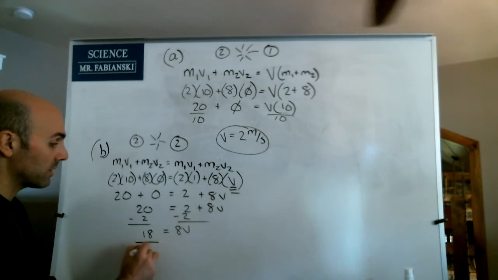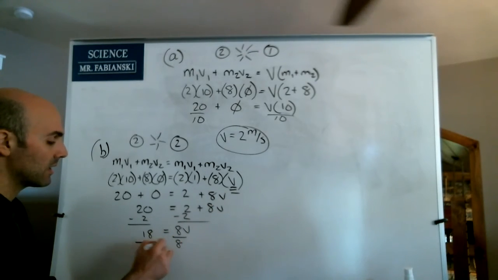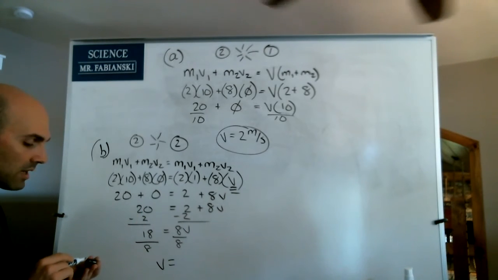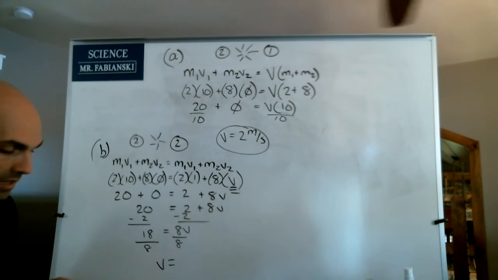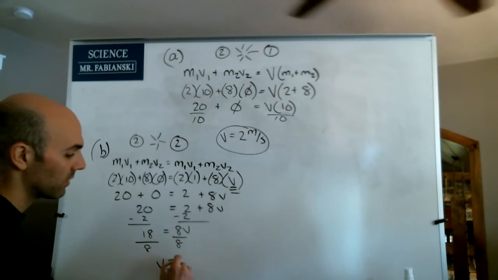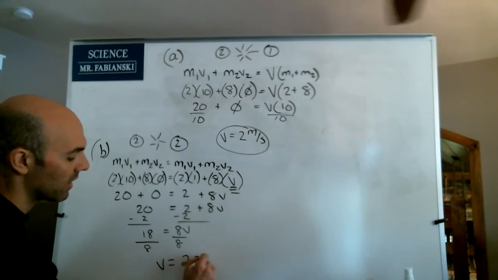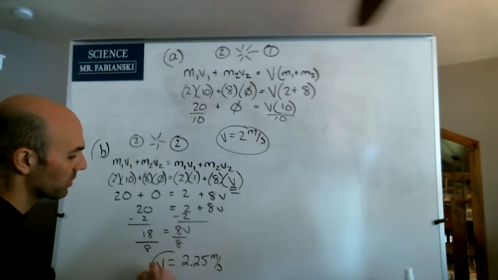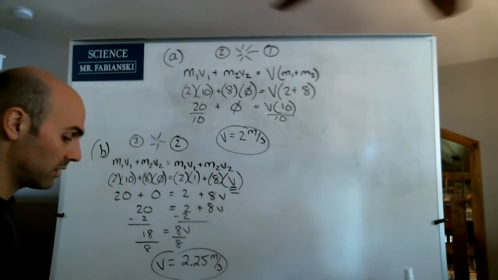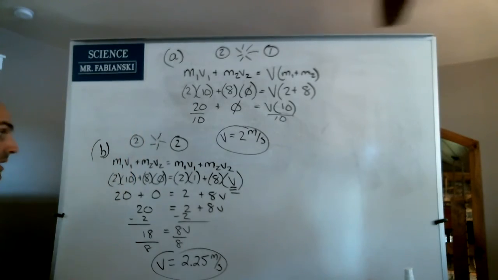And then we simply just divide and we get a velocity as equaling 18 divided by 8. Take out your handy dandy calculator. You get 2.25 meters per second. Nope, I didn't forget a unit. Don't forget your units. Serious.